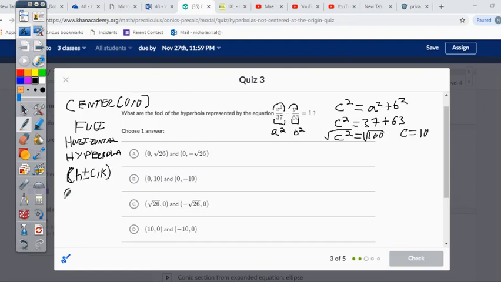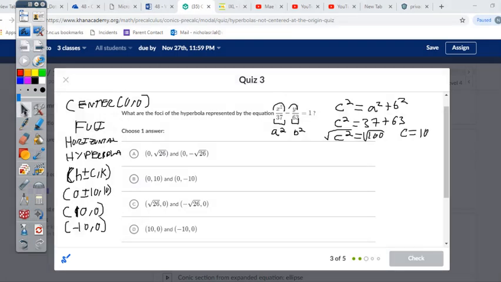Okay, so that's going to be 0 plus or minus 10, comma 0. It's going to give us values of 10, 0 and negative 10, 0. That's going to give us answer choice D.